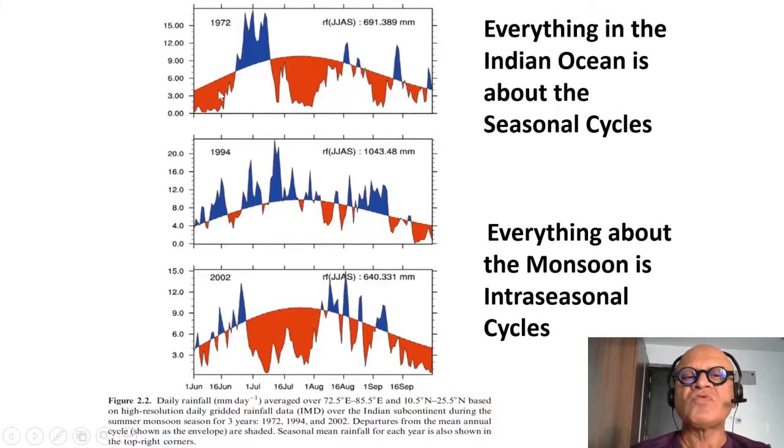It would seem so, because when the rainfall is lower, like 690 and 640, there seem to be more reds. So there are more break periods during drier years than during wetter years. You can see this 94 wetter year has many more blues and very few reds. So the seasonal rain is made up of these active periods and break periods.